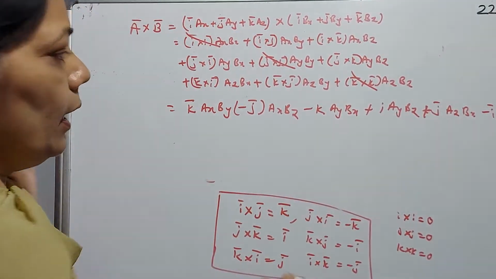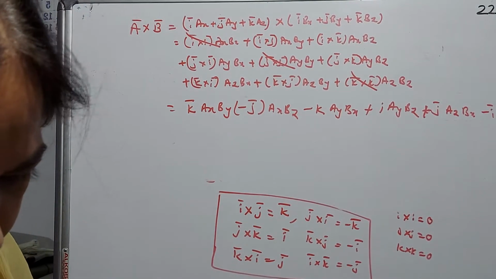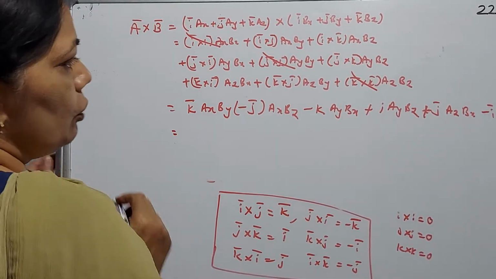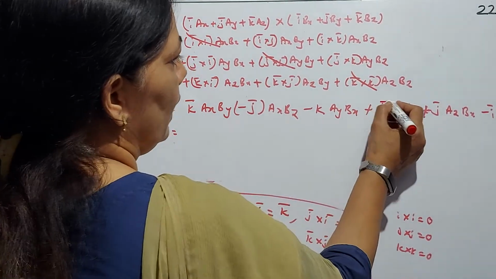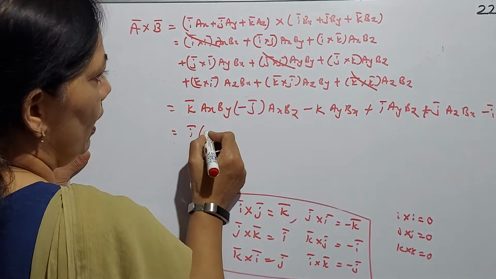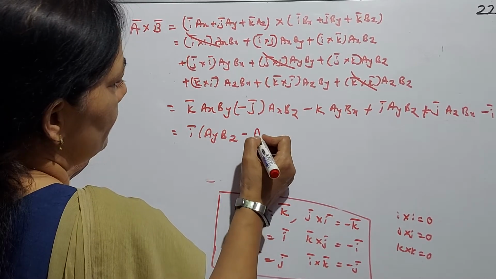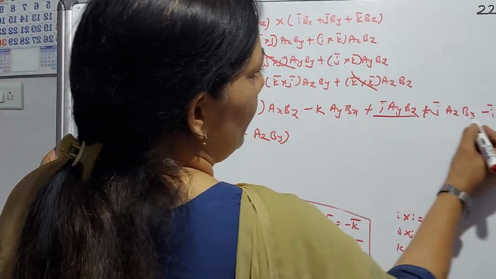Now try to connect the terms together, to get the terms in order. As far as I is concerned, I have two terms. I'll collect the I terms first: I (AY BZ minus AZ BY).